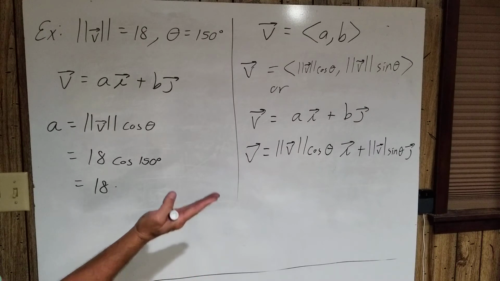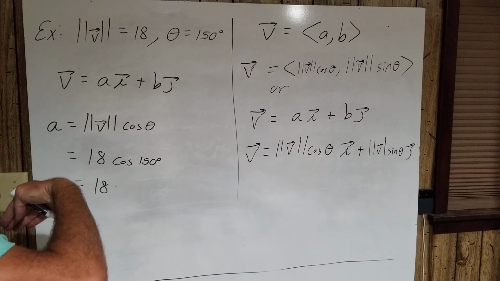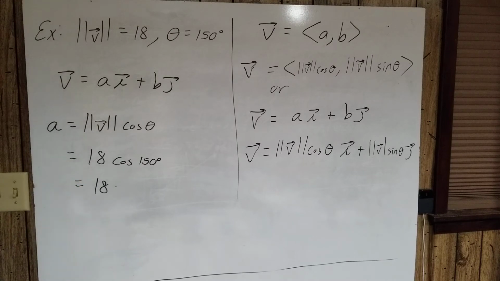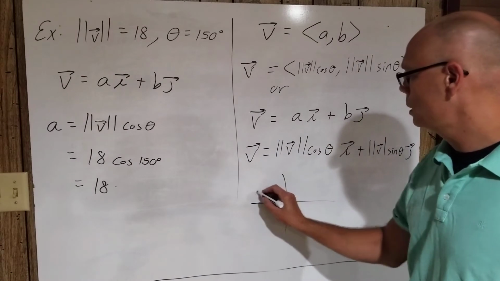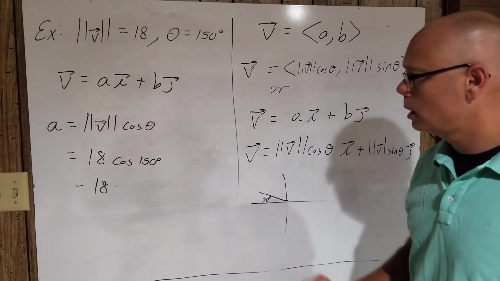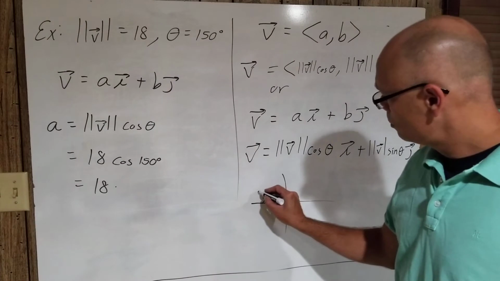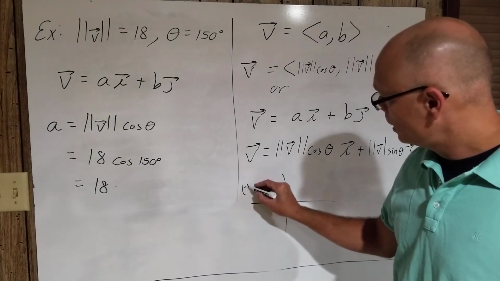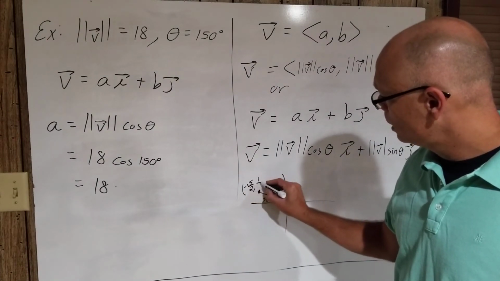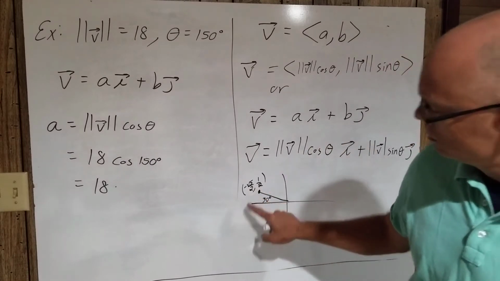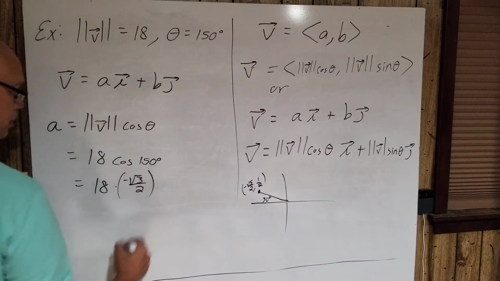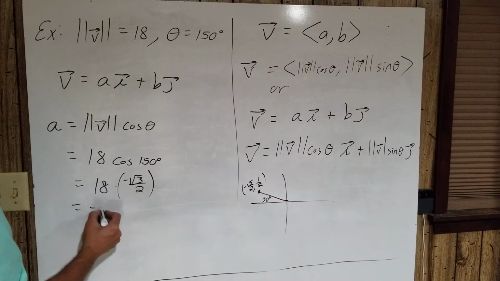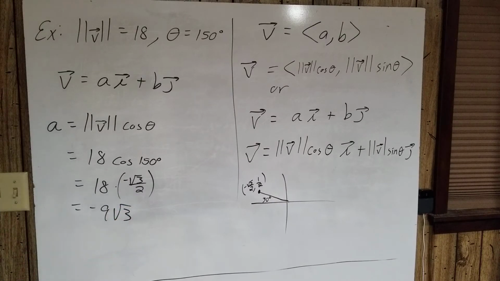What is 150 degrees? 180 back off 30 degrees. So you have a unit circle, and you look at it at a reference angle of 30 degrees. You're at negative square root of 3 over 2, comma 1/2. So what's your cosine there? Negative square root of 3 over 2. So what does this give me? Negative 9 square roots of 3. All right, so I found a right here.